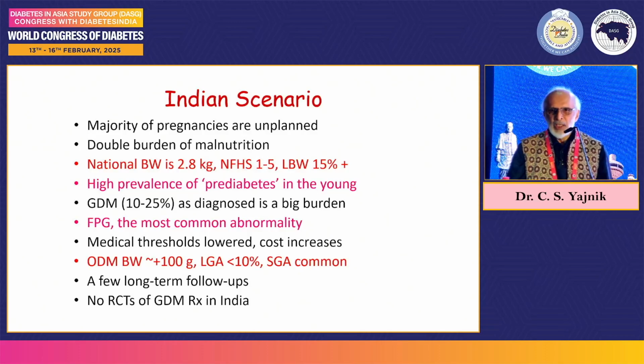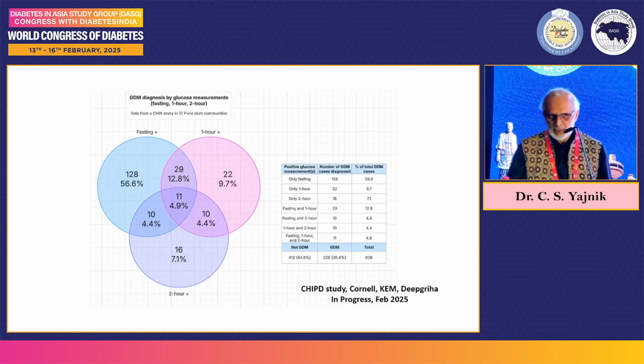The LGA is still quite less common. Importantly, in GDM, India is one country where we still report small for gestational age. And there are few long-term follow-up studies, except perhaps in my department, and there are no RCTs of GDM treatment.